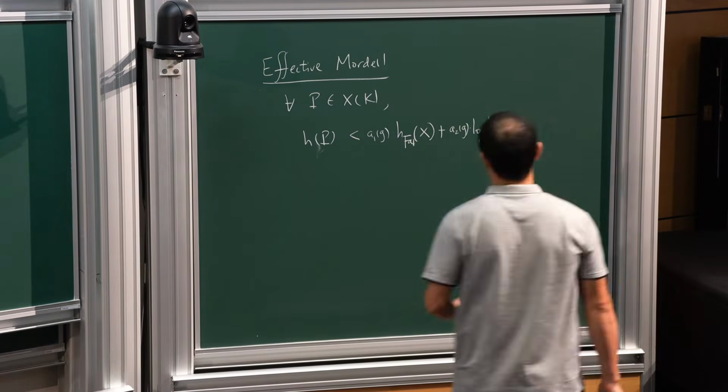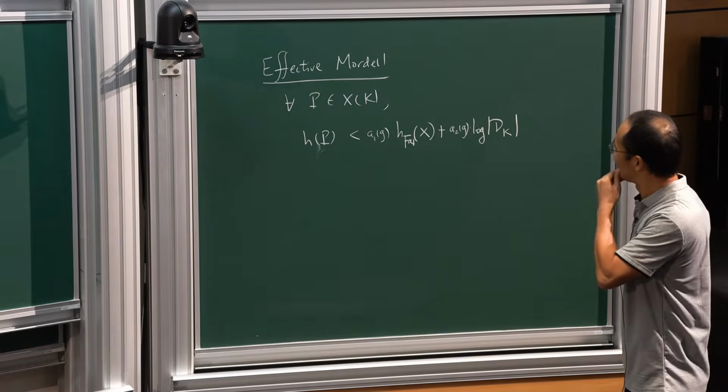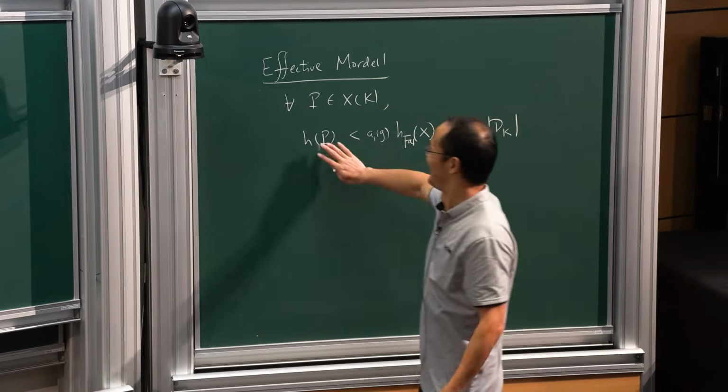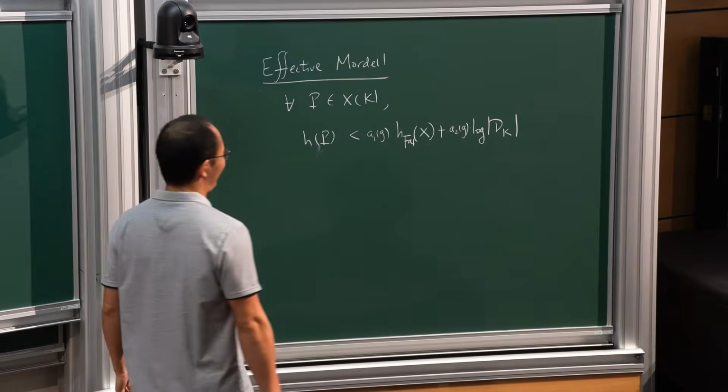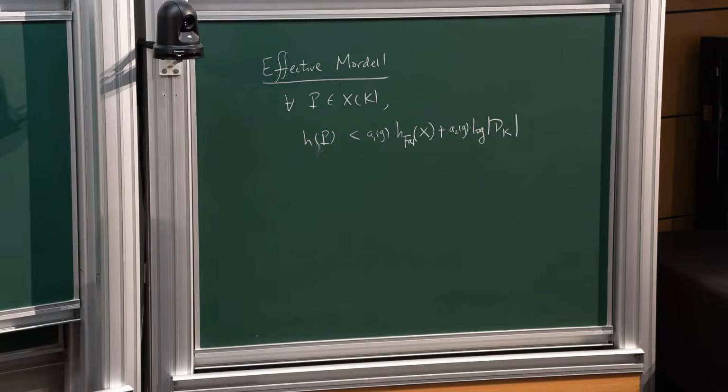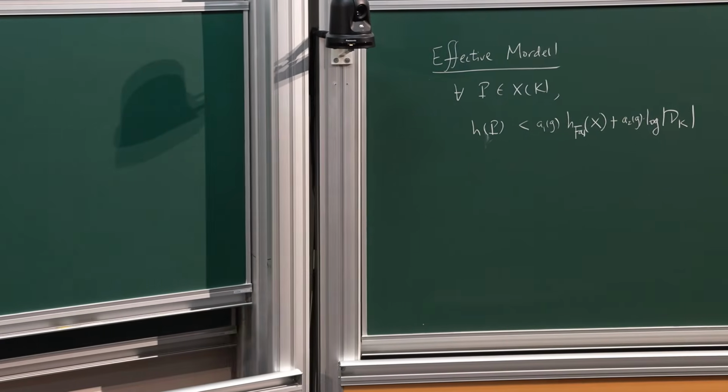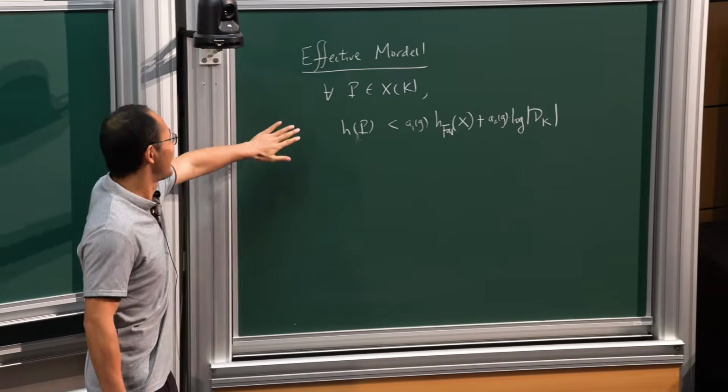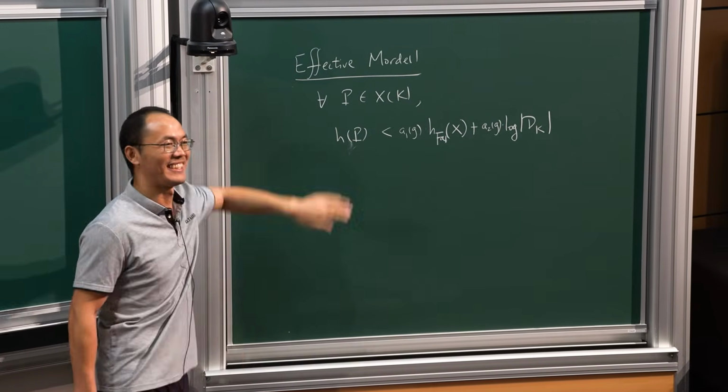So this is the effective Mordell. But this may be too hard. At least for the moment, I have no idea about it. By the way, in case you don't know, this is equivalent to some version of the ABC conjecture.